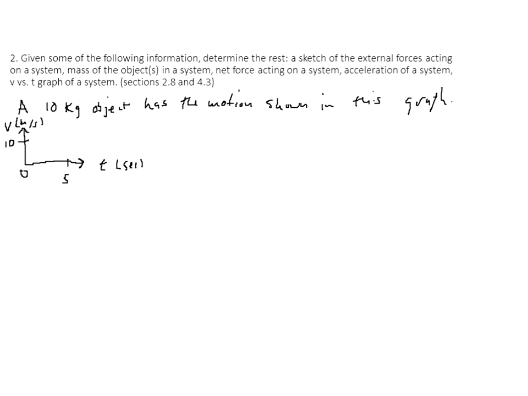That's too much. 10. So the 10 kilogram object has the motion shown in this graph. Determine the net force, and we don't know anything about the direction, so just the magnitude of the net force.